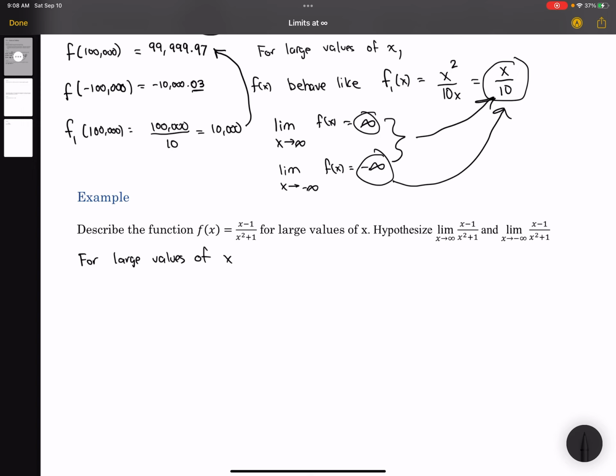So for large values of x, f of x will behave like, we're going to give it a new function, f1 of x. In the numerator, only the x is going to contribute when x is very large. And in the denominator, only the x squared is going to contribute when x is very large. So this is going to simplify to just be 1 over x.